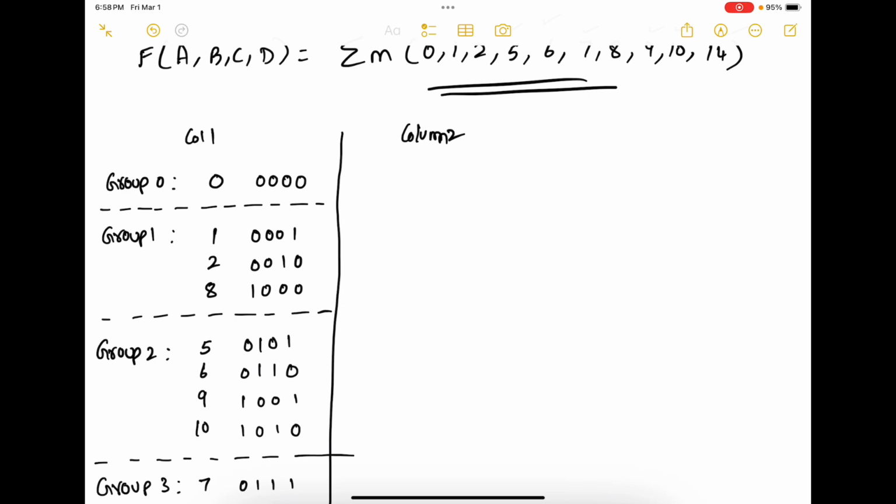In column 2, we are going to compare the minterms in adjacent groups. We only combine the minterms if there is a 1-bit difference. So in this case, we are going to compare minterm 0 with minterms 1, 2, and 8. Now compare 0 and 1. You see that there is only a 1-bit difference, that is in the LSB.